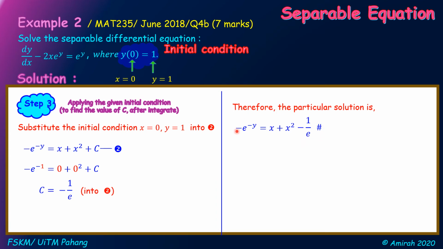This is the particular solution after we substitute the value of c. Before we substitute the value of c, this is called the general solution. So the final answer, free from the dy over dx symbol, means that we have completely solved the differential equation.